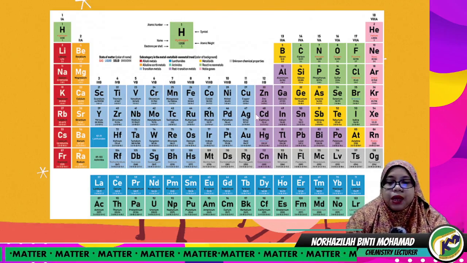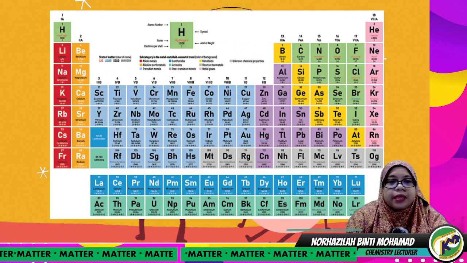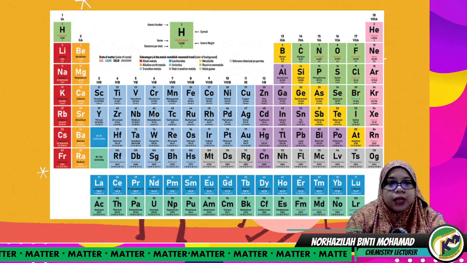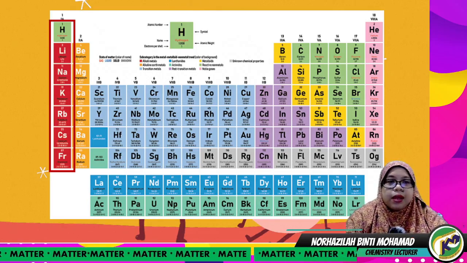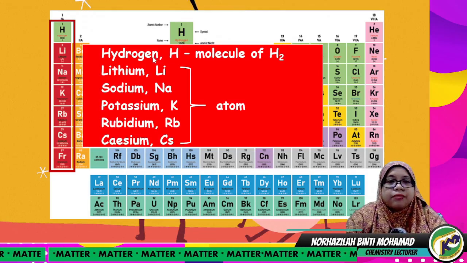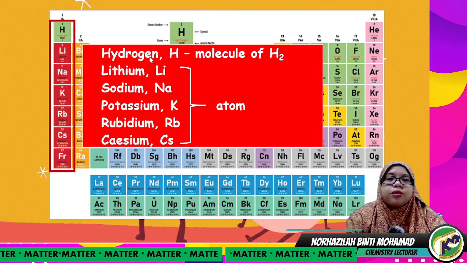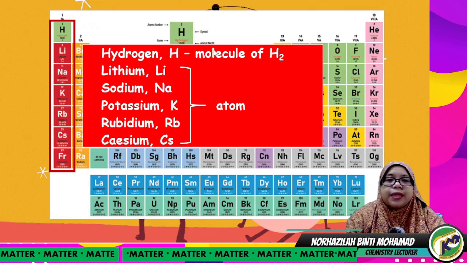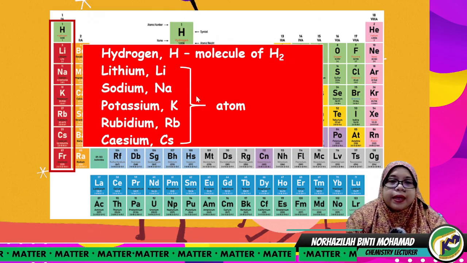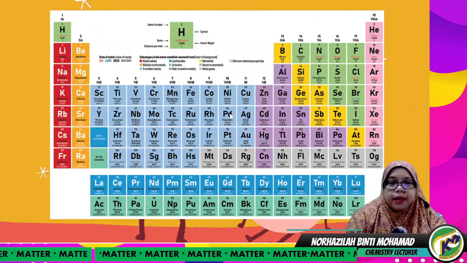We look at the group 1 elements first. Which elements in group 1 exist as atoms and which exist as molecules? In group 1, we have hydrogen, lithium, sodium, potassium, rubidium and cesium. Only hydrogen exists as a molecule, H2. The others exist as atoms.